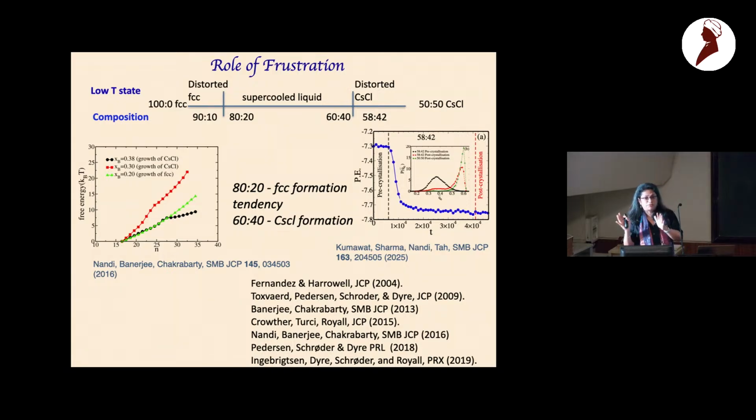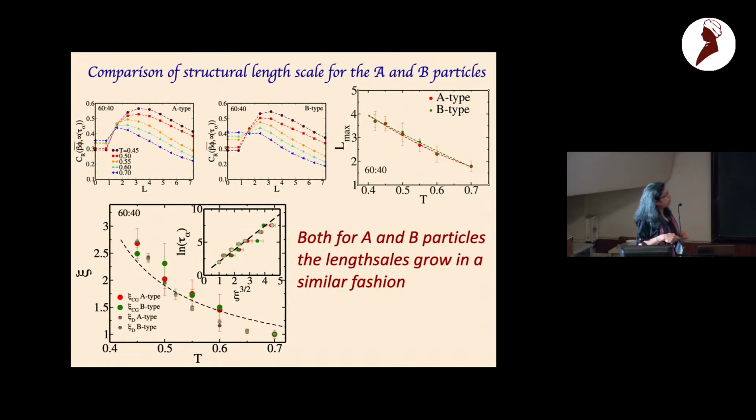But I know there is a frustration, and the frustration can be reduced if I change the composition. So what we do here is we do a 60-40 mixture, and I find that this Lmax, which is the max coarse graining length, grows similarly, and this length scale that I call a static length scale of the A and the B particles grows like the dynamical length scale of the system.